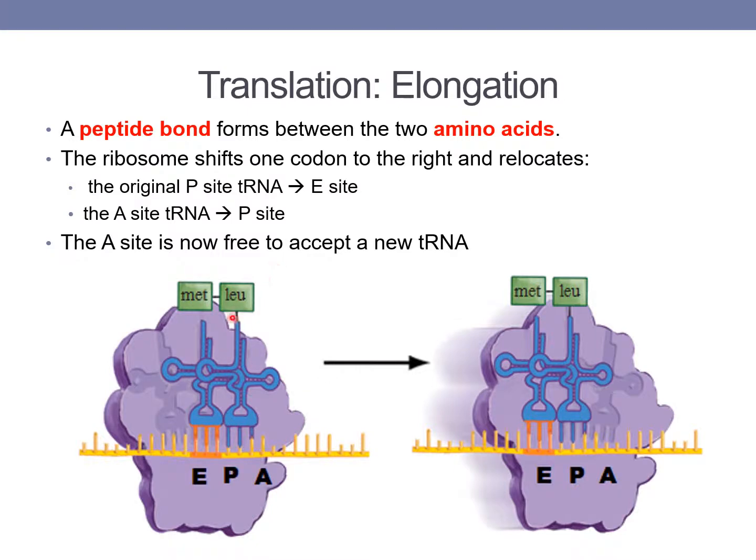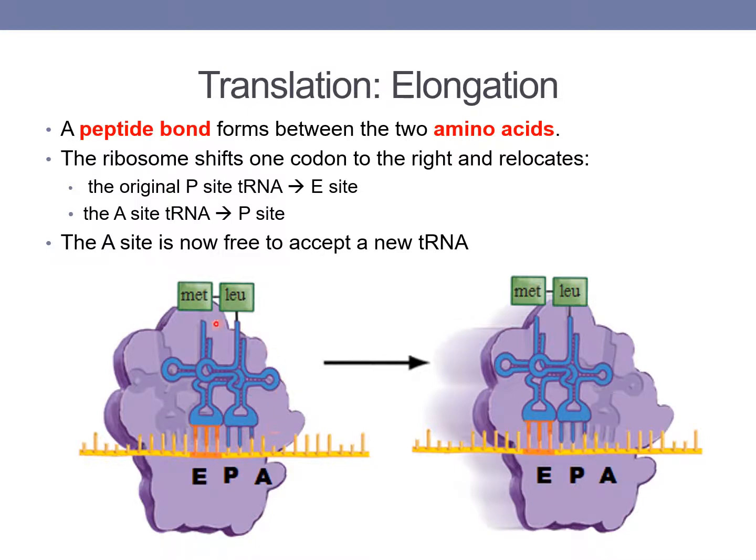So now we see where the peptide bond has formed between the two amino acids. That second amino acid is still attached to that second transfer RNA, but after that peptide bond has been made, the methionine is released from that first transfer RNA, which has been transferred to the E site, and the second transfer RNA has been shifted to the P site.